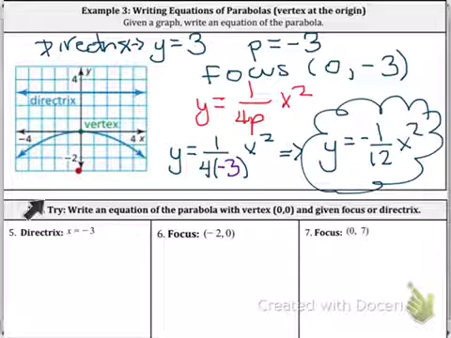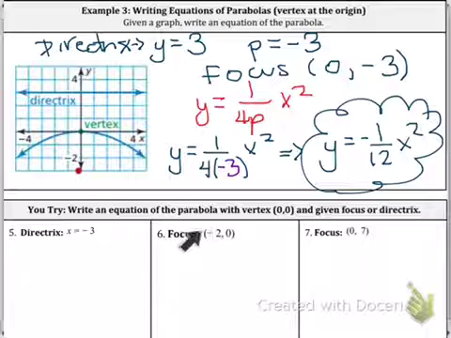So you want to go ahead and try number 5, 6, and 7. The one thing you need to look for is that when the directrix equals x, then that means it's a sideways parabola, right? If it gives you x here, it's a sideways parabola.